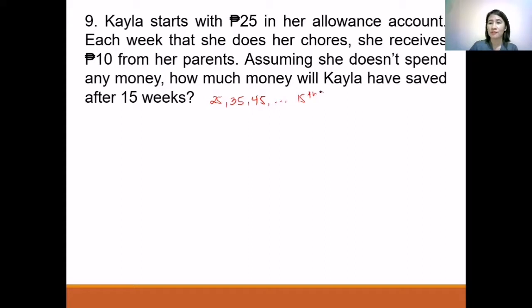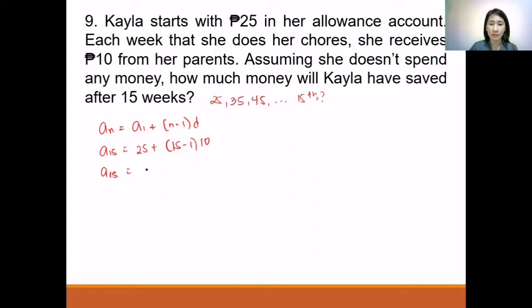So we are looking for the 15th term of our sequence. Therefore, we will now be using A sub n is equal to A sub 1 plus quantity n minus 1 times d. So you have A sub 15 is equal to, first term is 25 plus n is 15 again, minus 1. And then d, common difference, since she's adding up 10 pesos from her savings, so we're going to use 10.